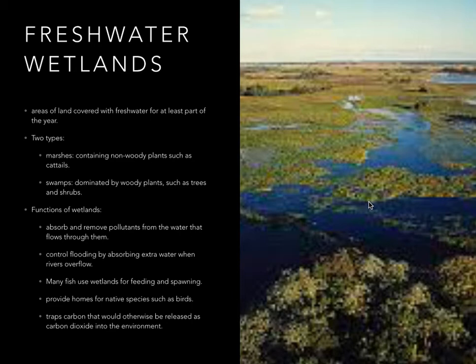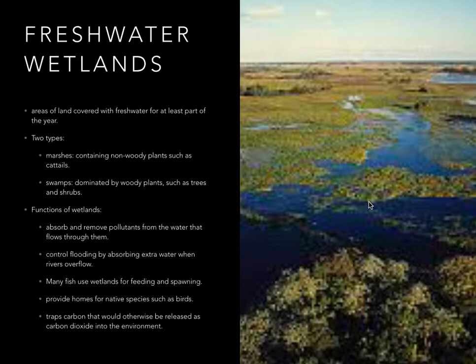So this is important in our cities and where humans dwell. The more wetlands that we take away and build houses and buildings on, the less we have to absorb these waters as they flow through in certain seasons. So that's really important for us.